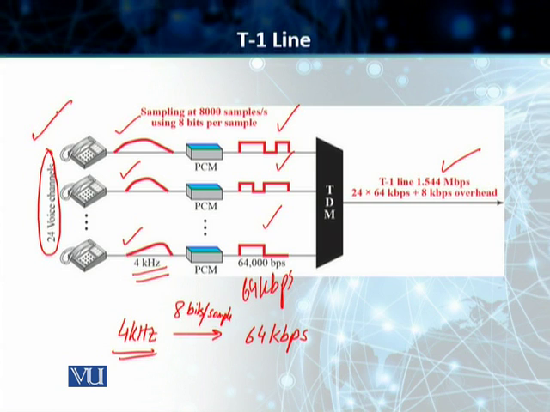They can just lease one single T1 line, and that T1 line will allow them to carry these 24 voice channels on that one single T1 line. So a lot of cost saving for telephone companies when TDM was available for digital lines.